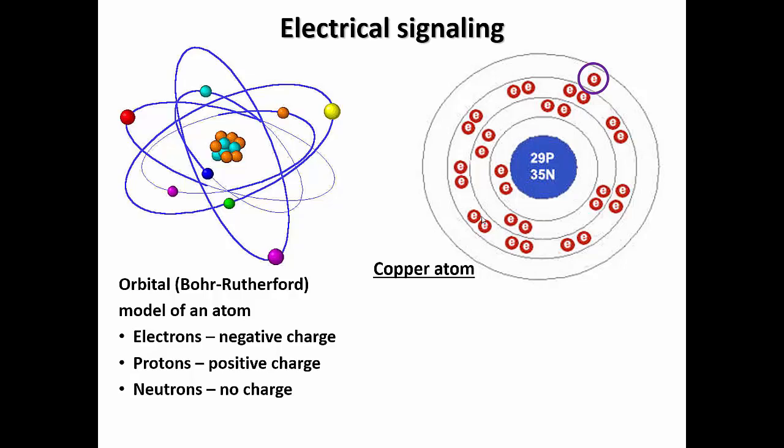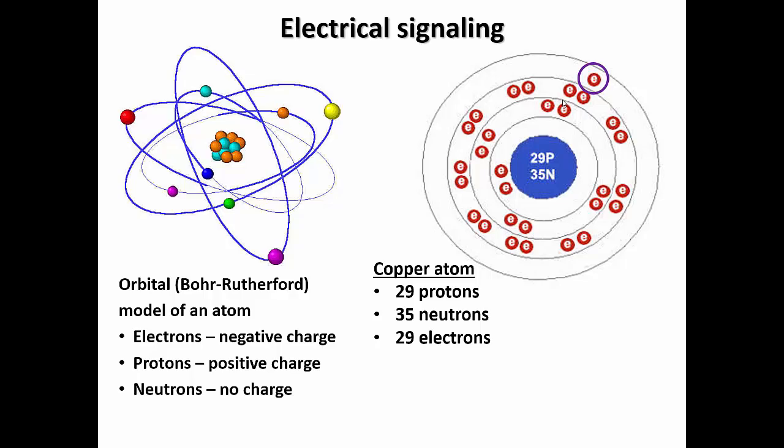And we see that it has a series of electrons in these outer so-called shells. Now, in a neutral copper atom, it will have the same number of electrons as it does protons. In the neutral copper atom, it does not have a net electrical charge.